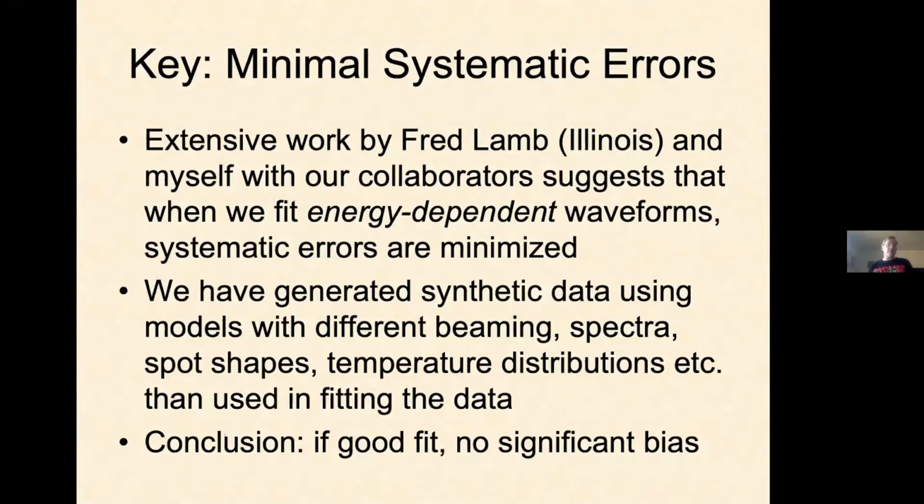What we have found is that this minimizes systematic errors. By this, I mean we have generated synthetic data using models with different beaming patterns or spectra or spot shapes or temperature distributions than we use in fitting the data, meaning that we're using the wrong model. What is the result? Either we get a terrible fit, or if we get a good fit, we have found so far no significant bias.